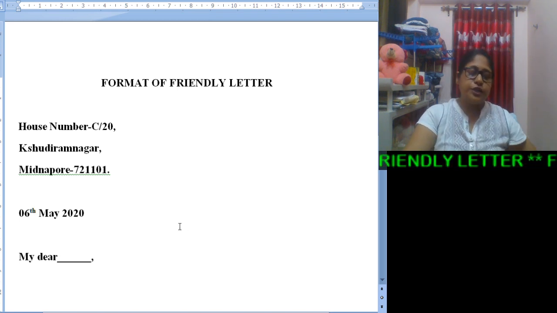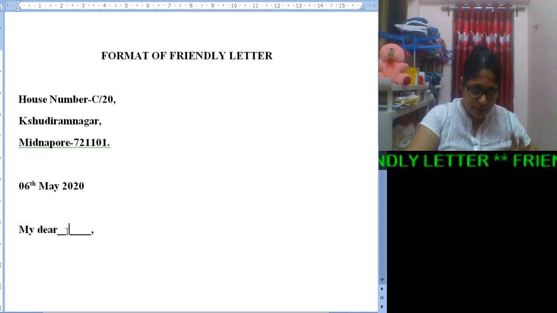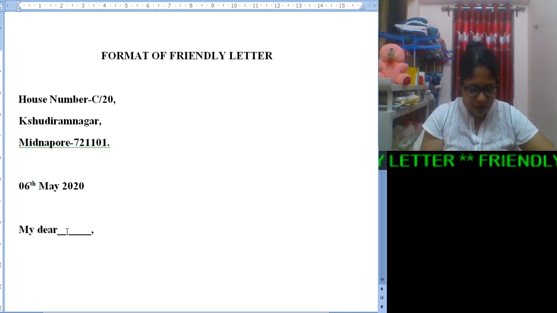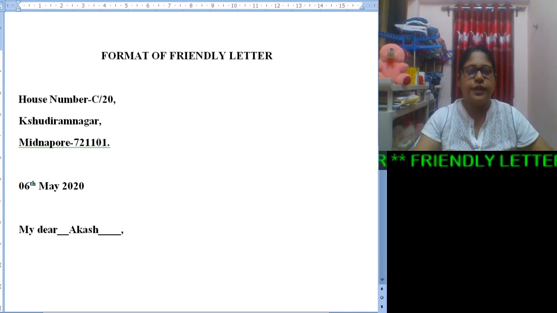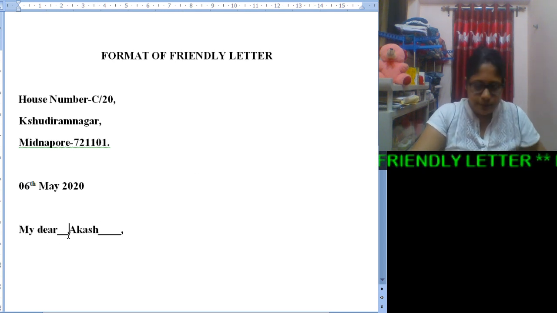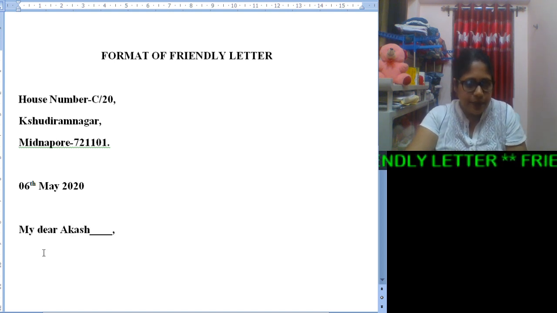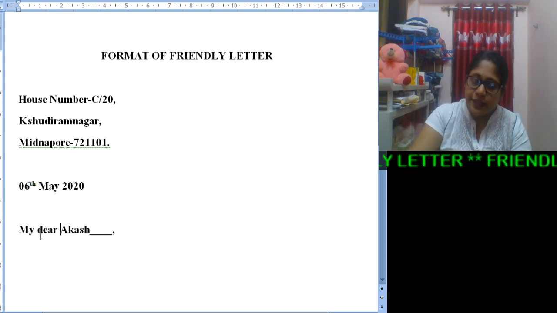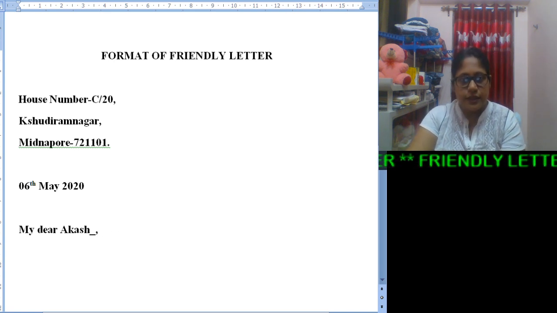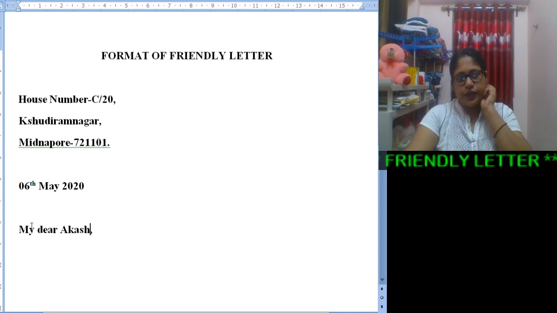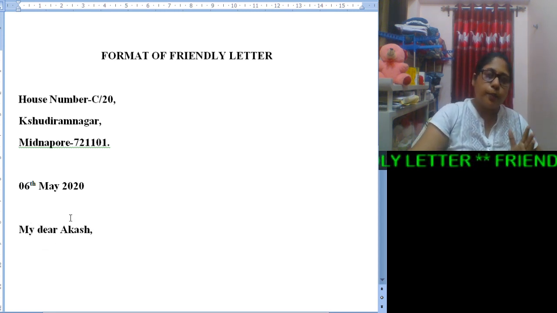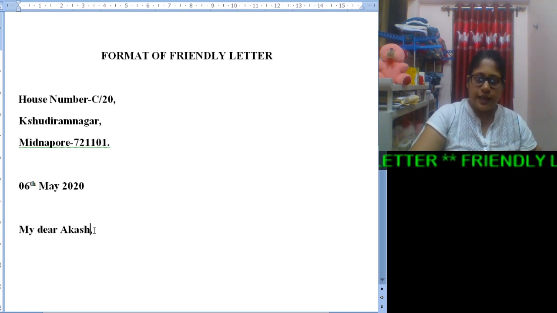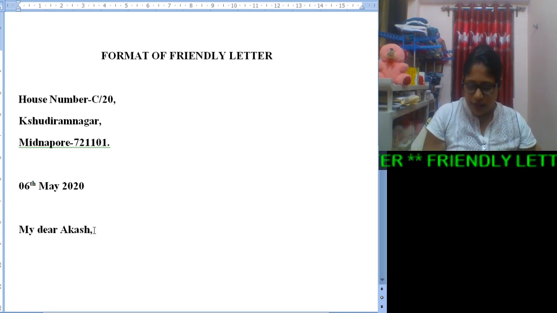So here you need to focus. The thing is, as for example, if I write my dear Akash, so here you all see I have written M capital, D small, and Akash A in capital letter. Okay, so here my dear Akash, M capital, D small, and proper noun, so it will definitely have a capital letter at the very beginning.